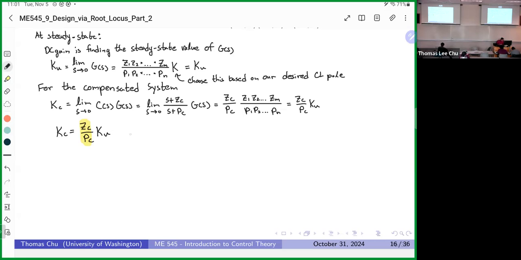And for effective error reduction, for ESS reduction, we want KC to be greater than KU, which implies that ZC is greater than PC. So this is actually a works both ways statement.